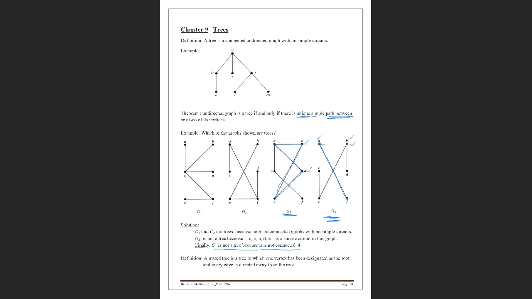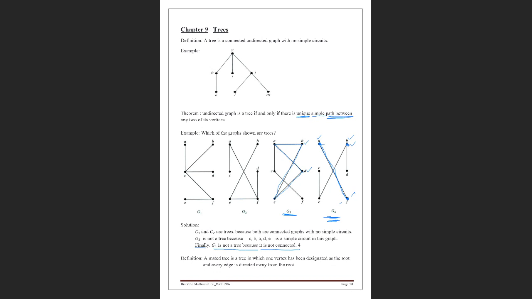If you start from vertex A, you will come here at vertex F, and from vertex F there is no edge to go to B. So it is not connected. And if you choose any two vertices, there must be one path, only one way, just one. Then that is called a tree.